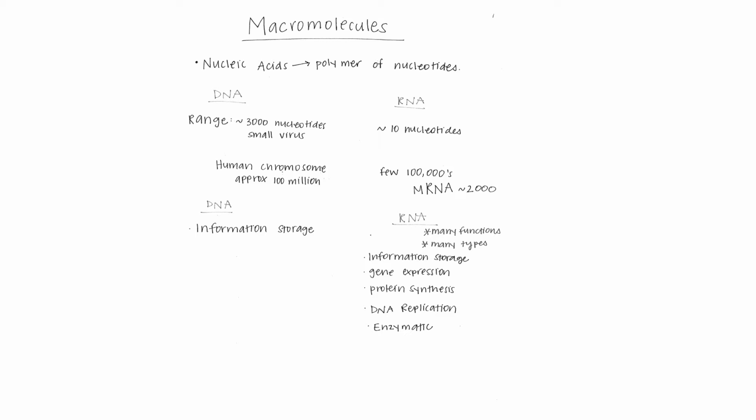Maybe a little bit smaller, but 3,000 is around the smallest size we see, and those usually occur in tiny small viruses that have small, usually circular genomes of 3,000 nucleotides. It can either be double-stranded or single-stranded, depending on the virus. So 3,000 is like the small end of the range.